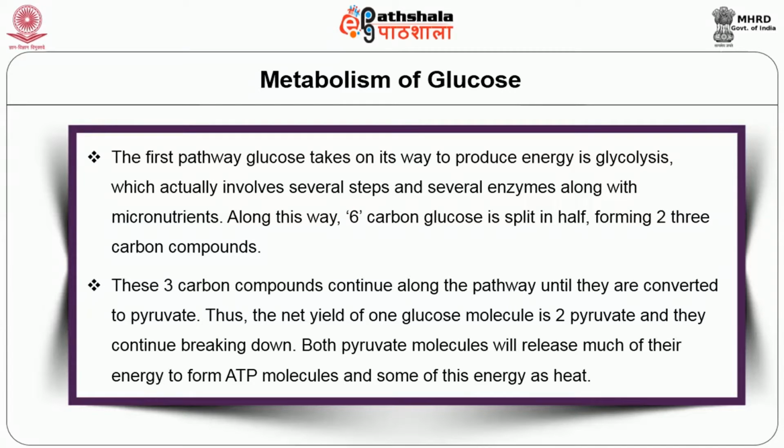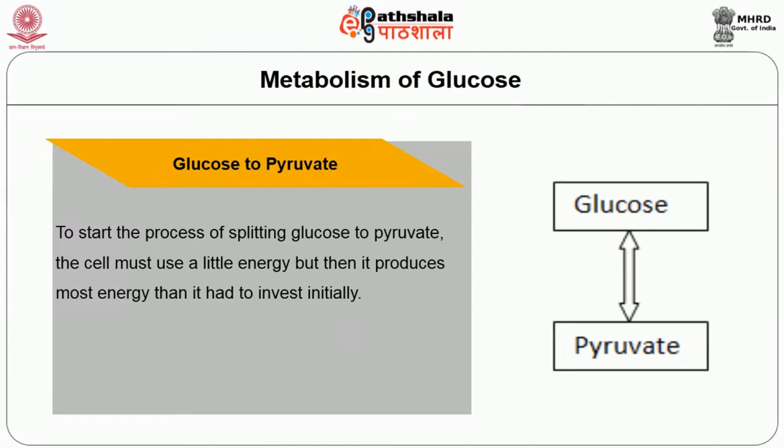Both pyruvate molecules will release much of their energy to form ATP molecules and some of this energy as heat. To start the process of splitting glucose to pyruvate, the cell must use a little energy, but then it produces more energy than it had invested initially.